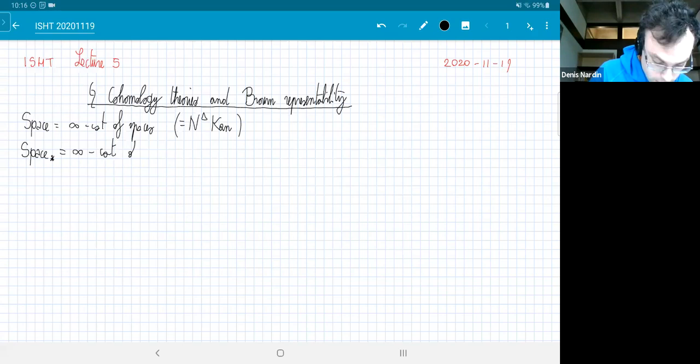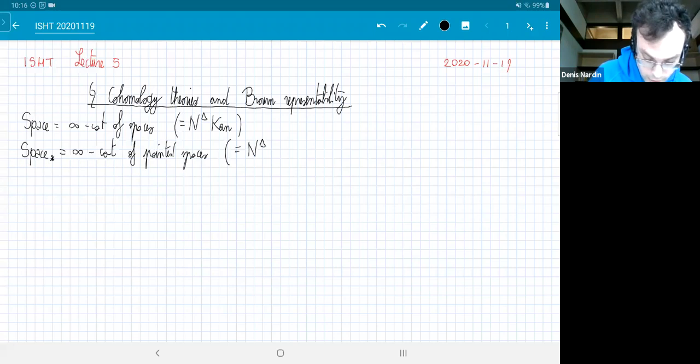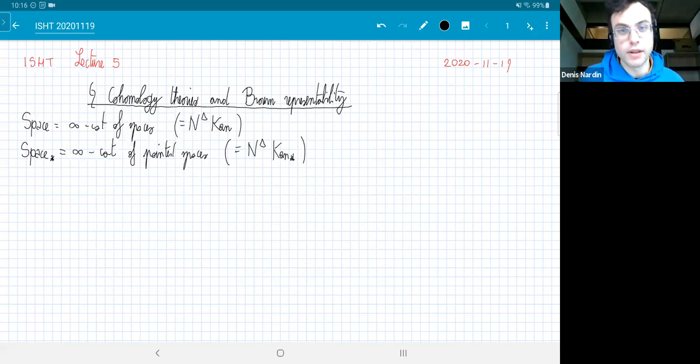And importantly, we will also have the infinity category of pointed spaces, which, for example, you can define as the coherent nerve of pointed Kan complexes, which are Kan complexes with distinguished points and maps that preserve the distinguished point. There are other ways of defining it, but that's not important.